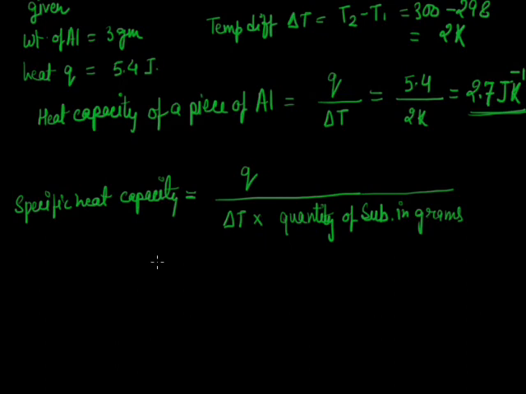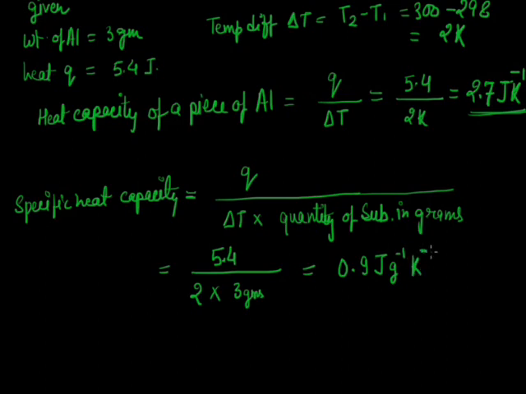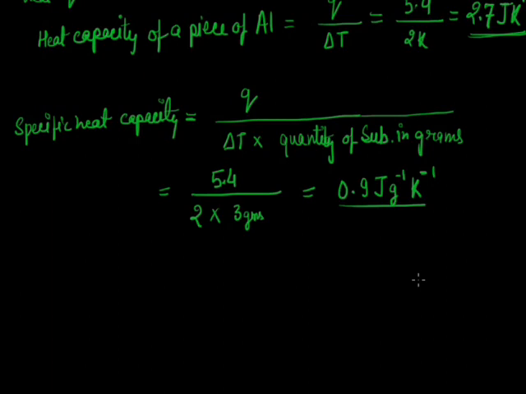Q is 5.4 joule, delta T is 2 Kelvin, into the quantity of substance, given here as 3 grams. So the specific heat capacity will be 0.9 joule gram inverse Kelvin inverse. On the basis of this, we have calculated the specific heat capacity.